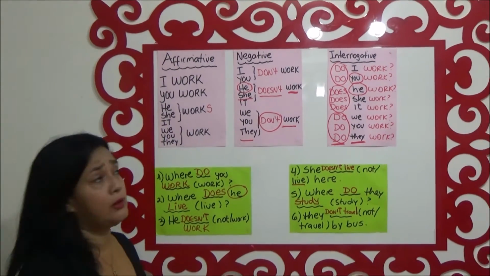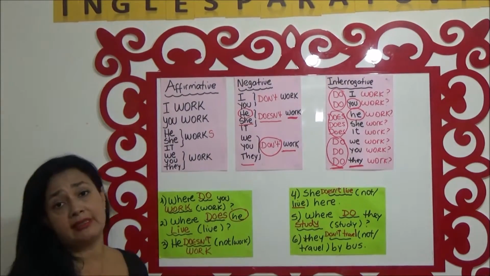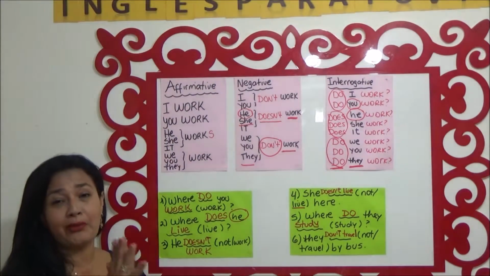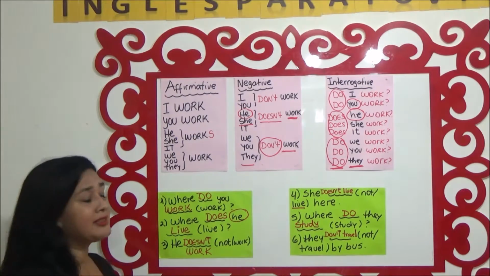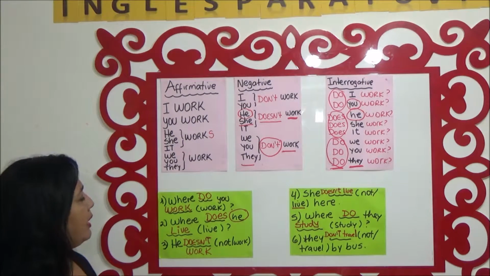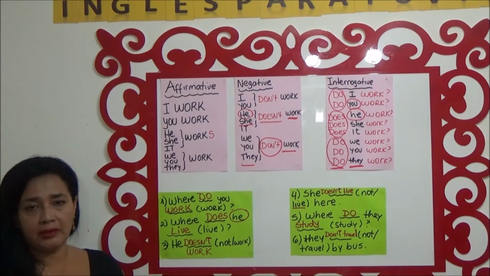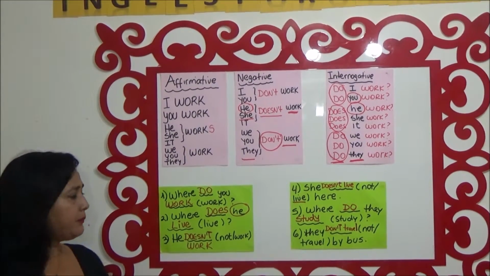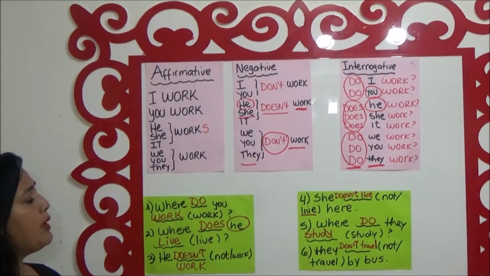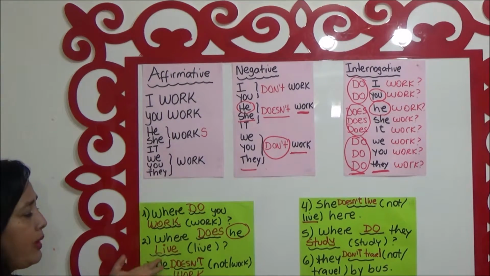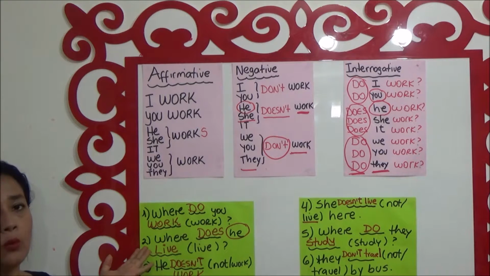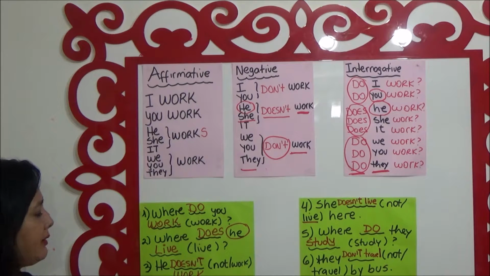What about doing a repetition of these six sentences, so that you can internalize the concepts? Let's repeat number 1. Where do you work? Number 2. Where does he live? Number 3.